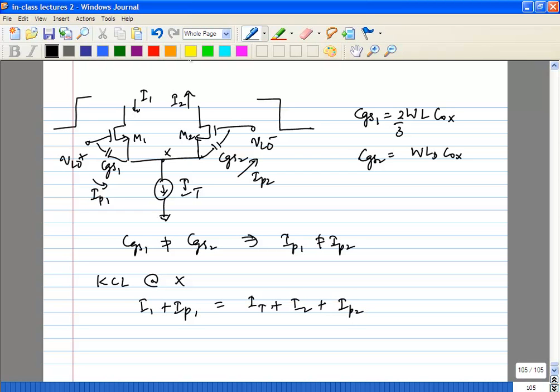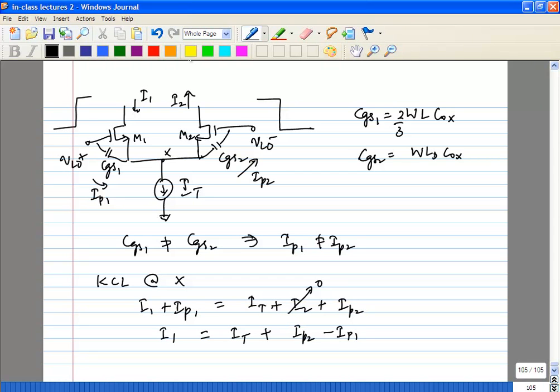Because M2 is turned off, we can approximate I2 as 0. Let's rewrite this a little differently: I1 is IT plus IP2 minus IP1.